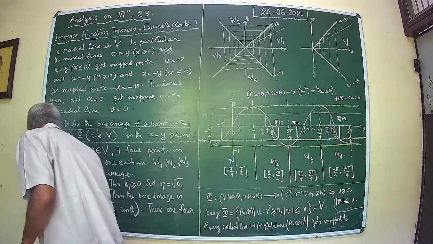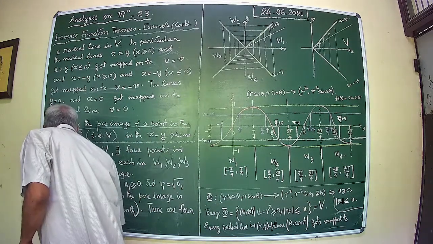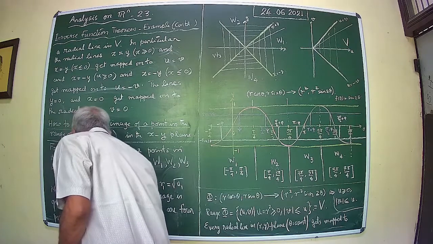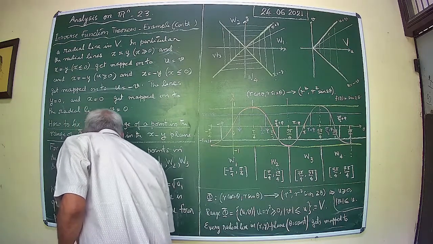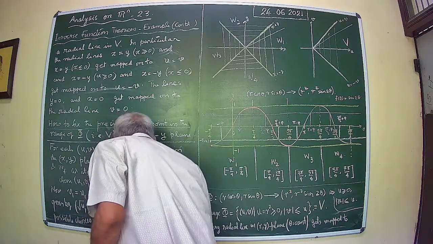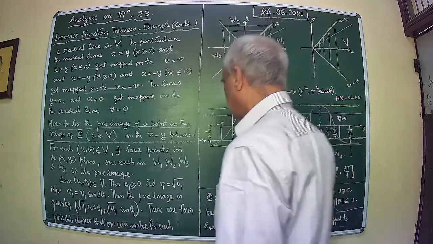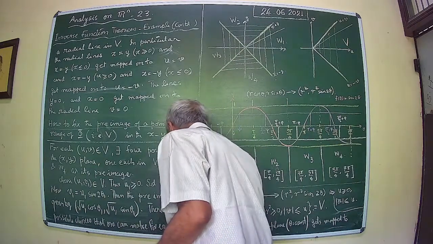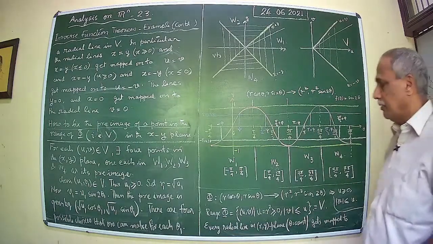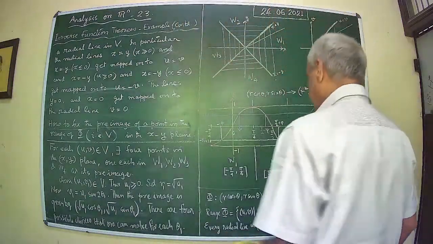Possible choices that one can make, each theta 1. Okay. Now let us explore this. How do we explore this? We explore it as follows.